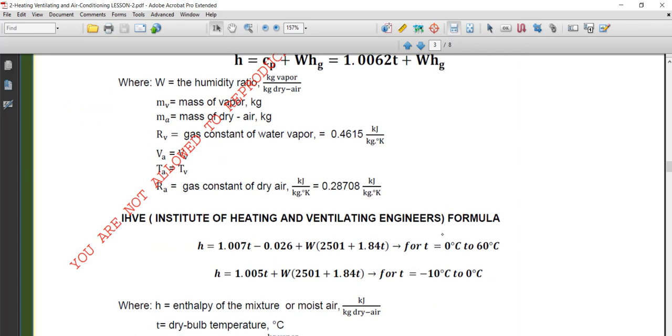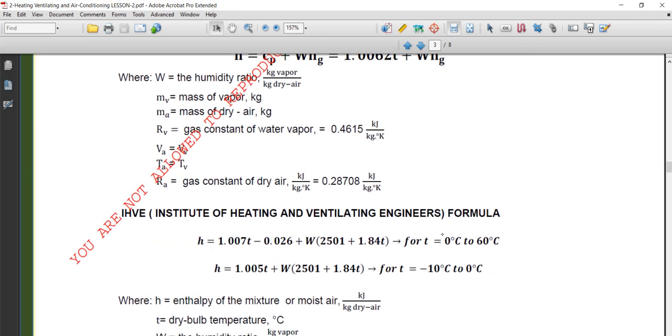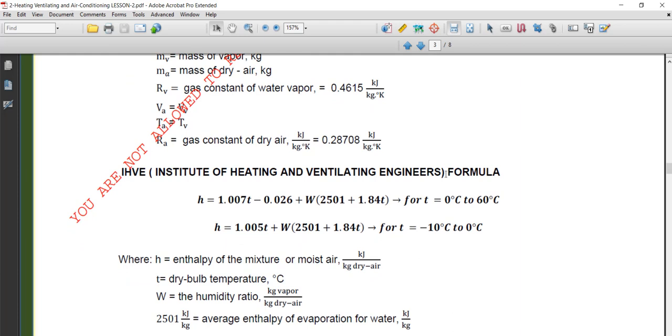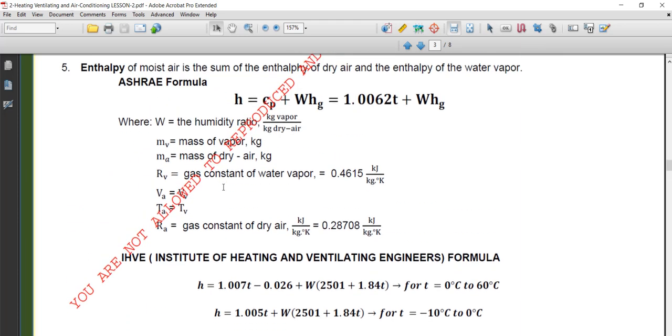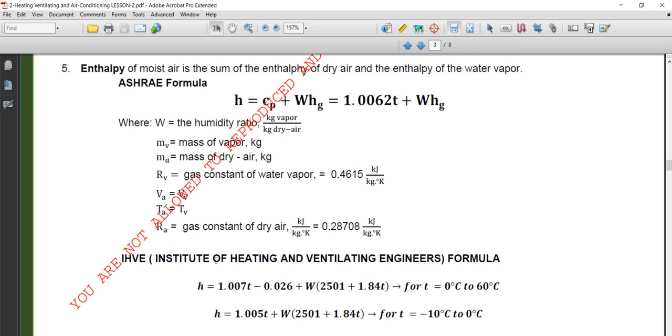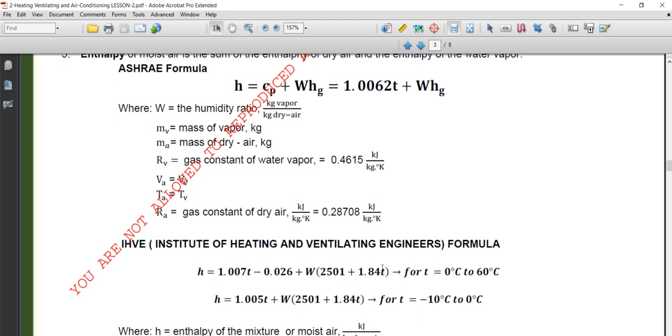So we have the formula from the Institute of Heating and Ventilating Engineers to get the value of the enthalpy. So we have 1.007 times the temperature minus 0.026, plus the humidity ratio times (2501 plus 1.84 times the temperature).